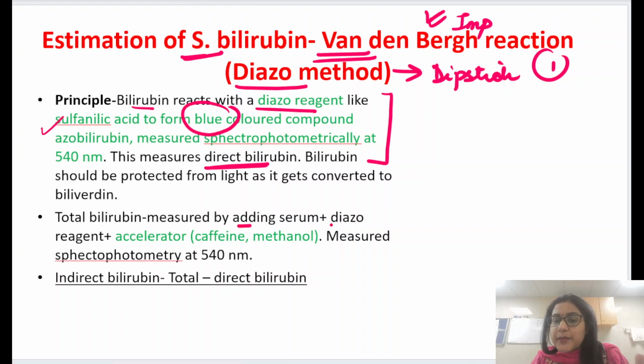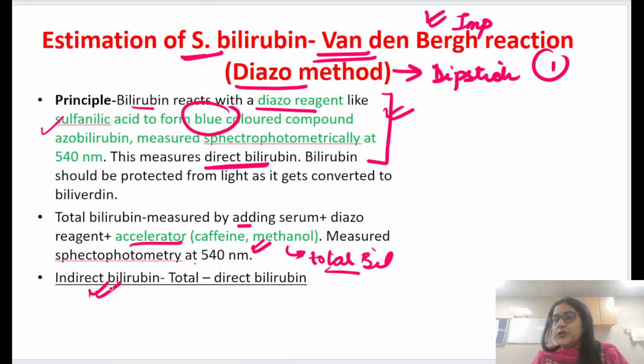But if you add some activator or accelerator to this reaction and then measure it spectrophotometrically, you are measuring total bilirubin. Understood? Directly you are measuring direct bilirubin. If you add some accelerator, you are measuring total bilirubin. When you subtract, you get indirect bilirubin. So indirect bilirubin is indirect because the calculation is indirect.